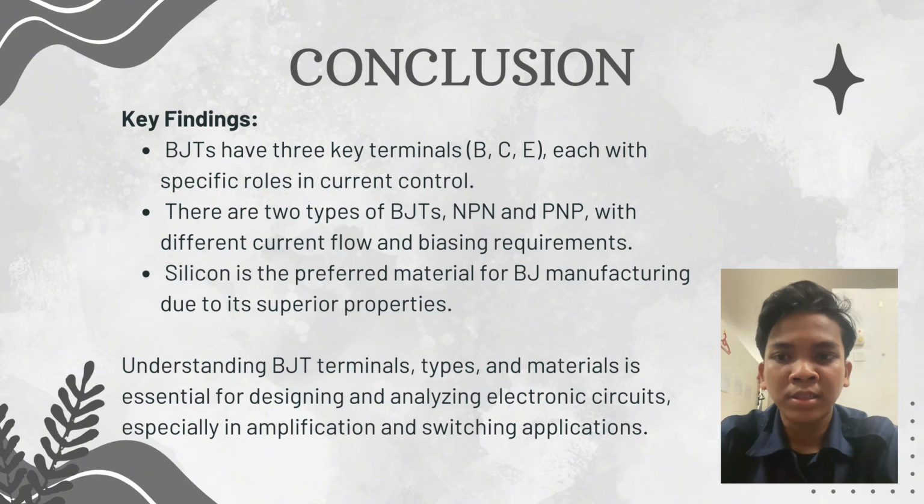Lastly, silicon is the preferred material for BJT manufacturing due to its superior properties. Understanding BJT terminals, BJT types, and BJT materials is essential for designing and analyzing electronic circuits, especially in amplification and switching applications.